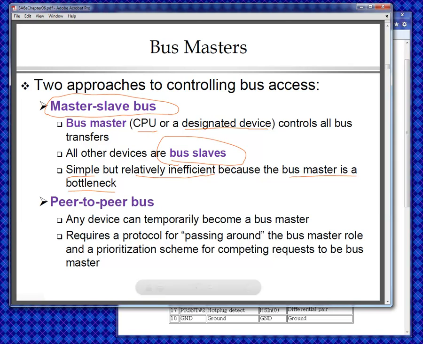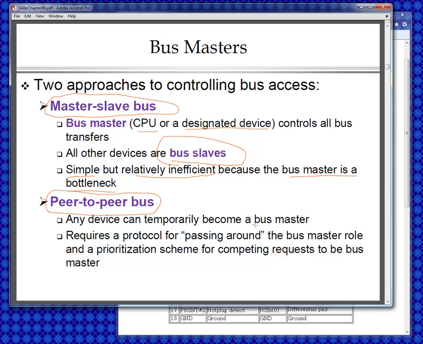A more modern approach is what's called a peer-to-peer bus. In a peer-to-peer bus, at least in theory, we're all equal. Think of a classroom discussion with no instructor. How's it going to work?